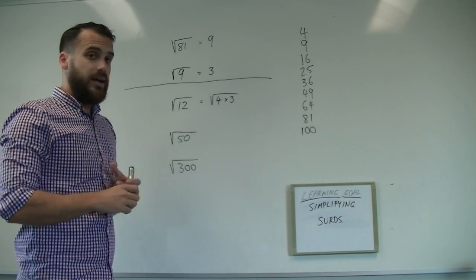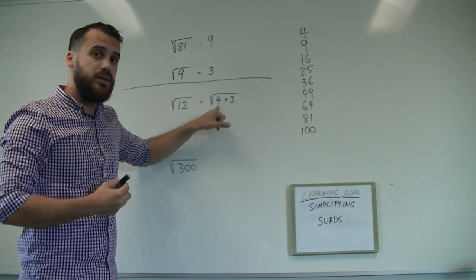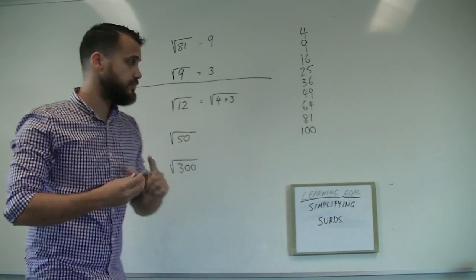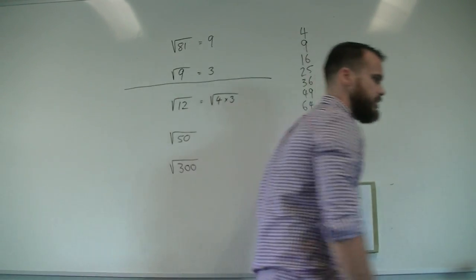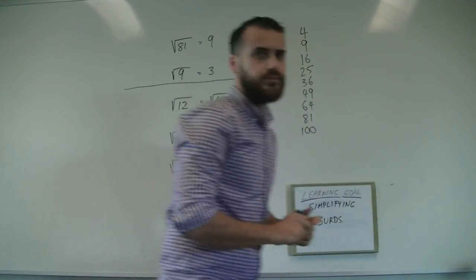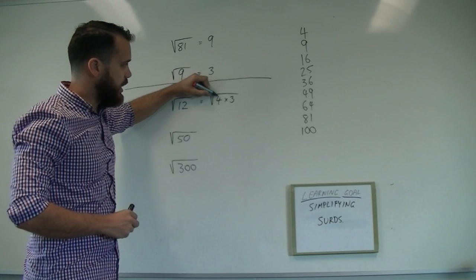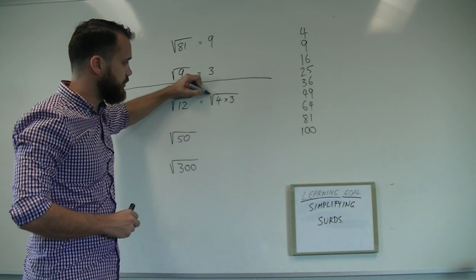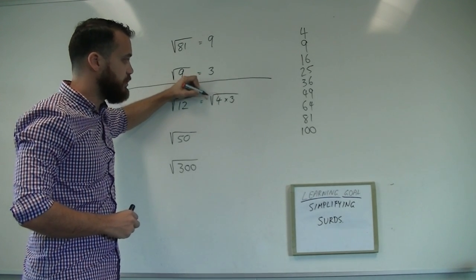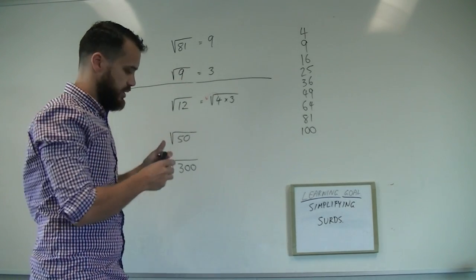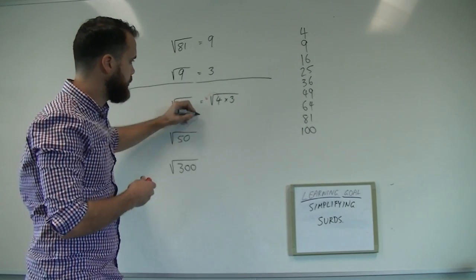Now that I've done that, you should be able to see that the 4 is a square number right there. Now, a really cool thing that we can do here is grab this 4 and take the square root of it and move it outside of the square root symbol. So it's going to look like this now.